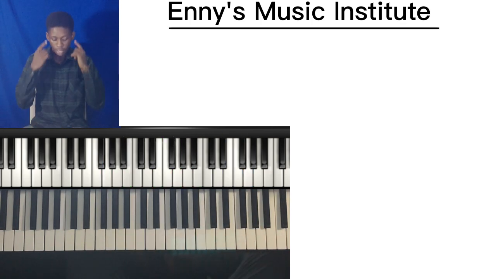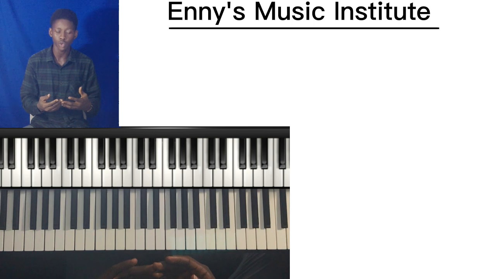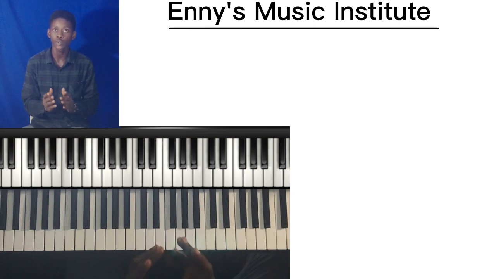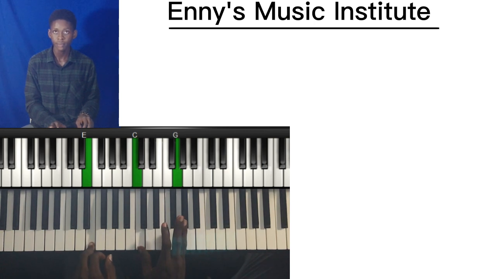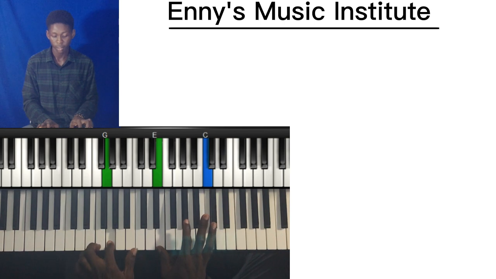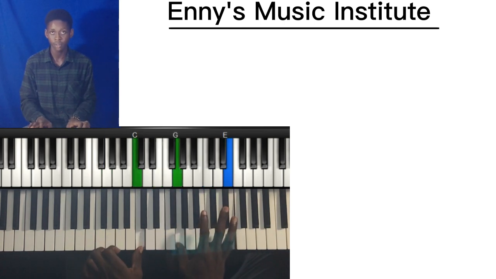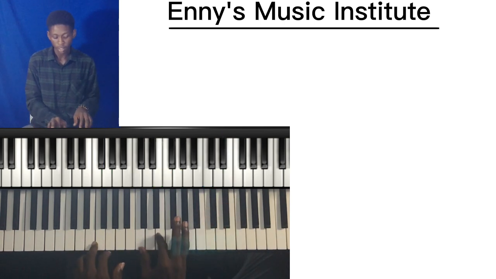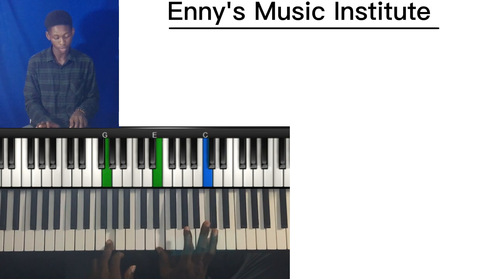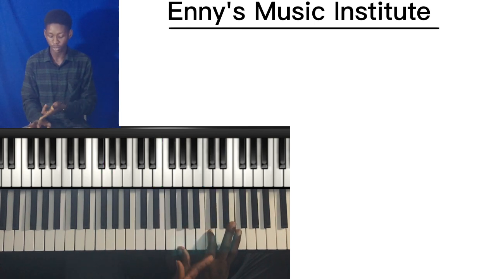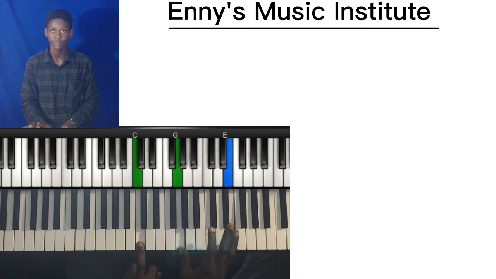Now, taking the understanding we already have about drop 2 chords, we are going to drop the 2 of each of those chords. So of the C major chord, now the inversion of that same chord, the first inversion, the second inversion. I don't know if you understand what I did. This is how the chord is meant to be normally. I drop the 2. Now this is the first inversion, this is the second highest, I drop this 2. This is the second inversion, the second highest, I drop this 2.